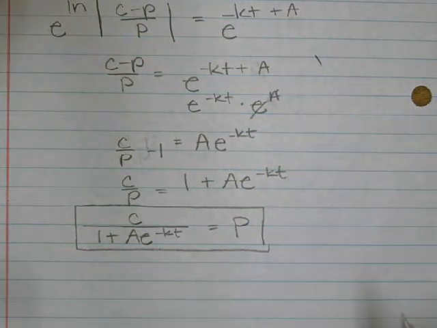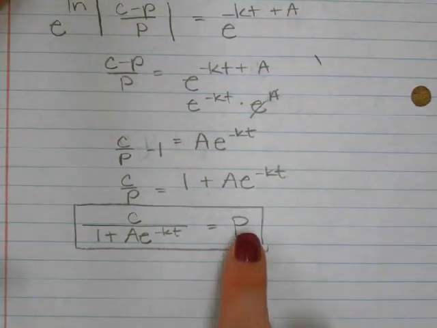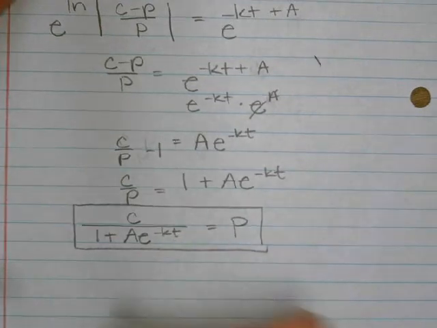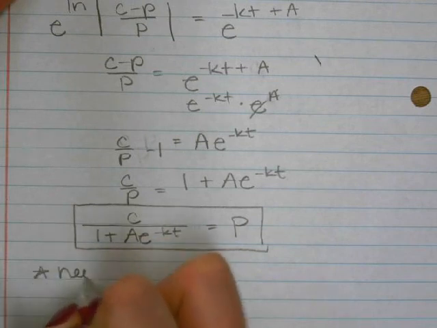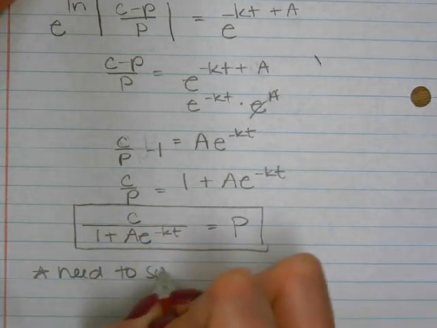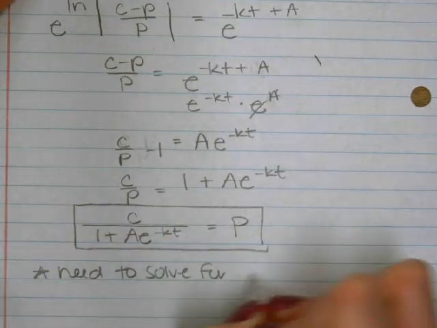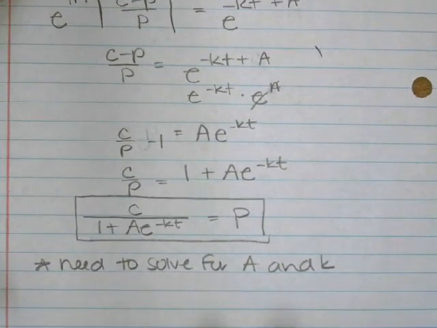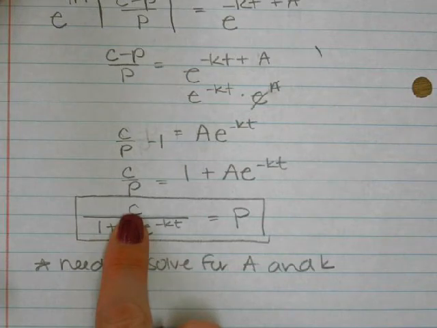To be able to use the logistic function, our variables are p and t. That's kind of like our x and our y. So the numbers that we need here are a and k. c is that carrying capacity, and they're typically going to mention that in the problem.